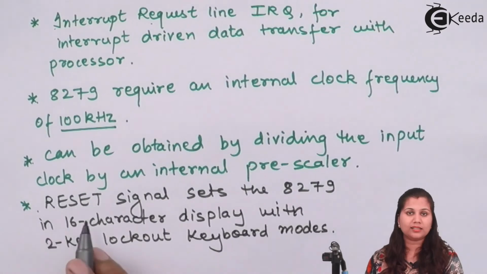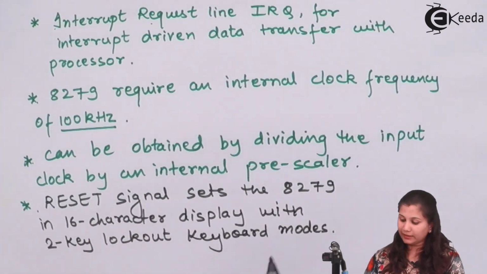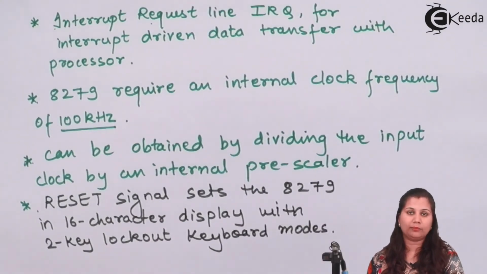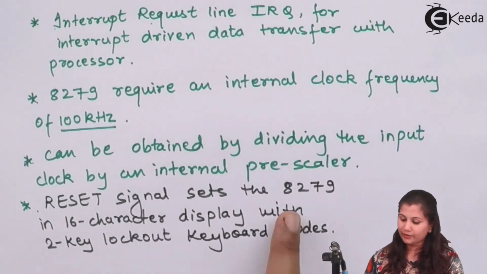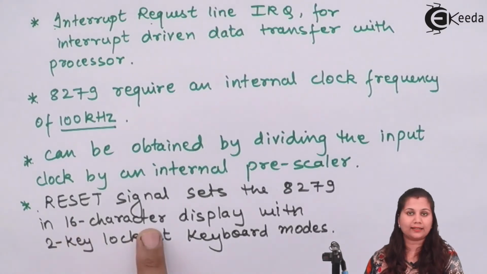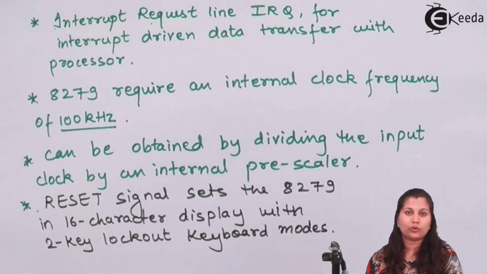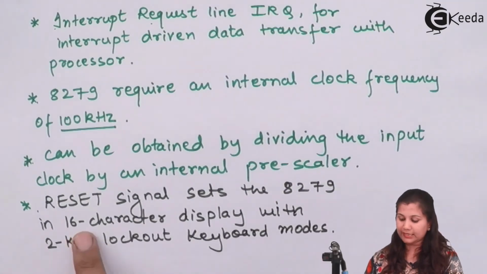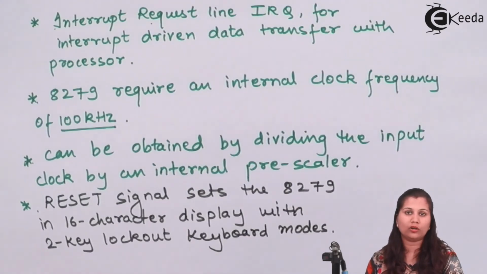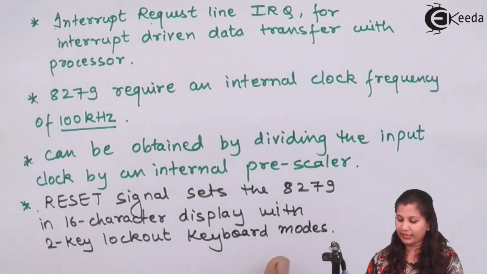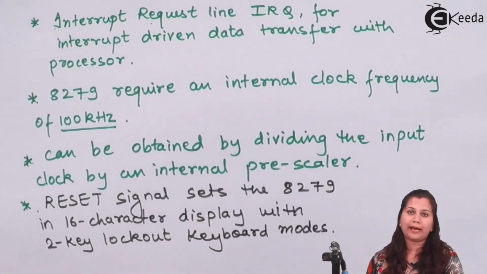When the reset signal is set, meaning its value is 1, then the 8279 keyboard and display controller goes into the 16 character display with 2-key lockout keyboard mode. So the 16 character display mode is selected in the display mode, and the 2-key lockout mode is selected in the keyboard mode. The reset signal sets the 8279 in these two modes by default.